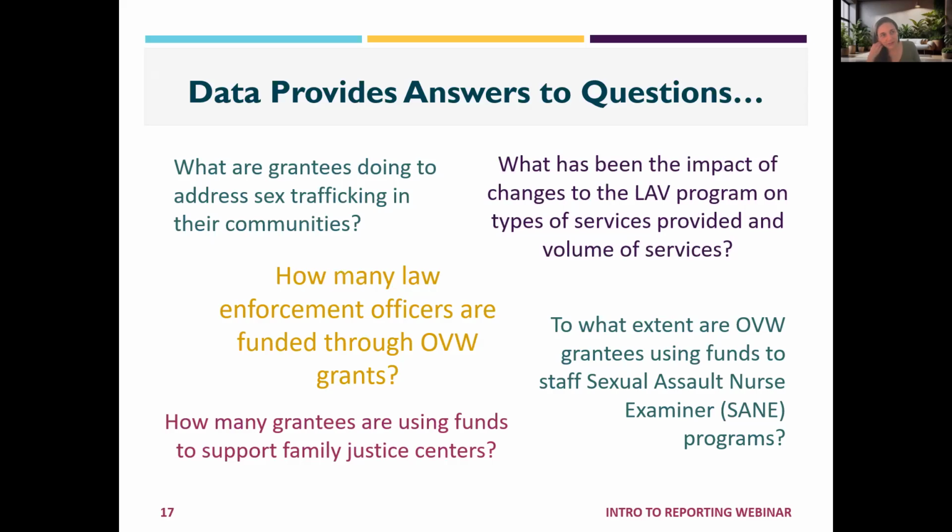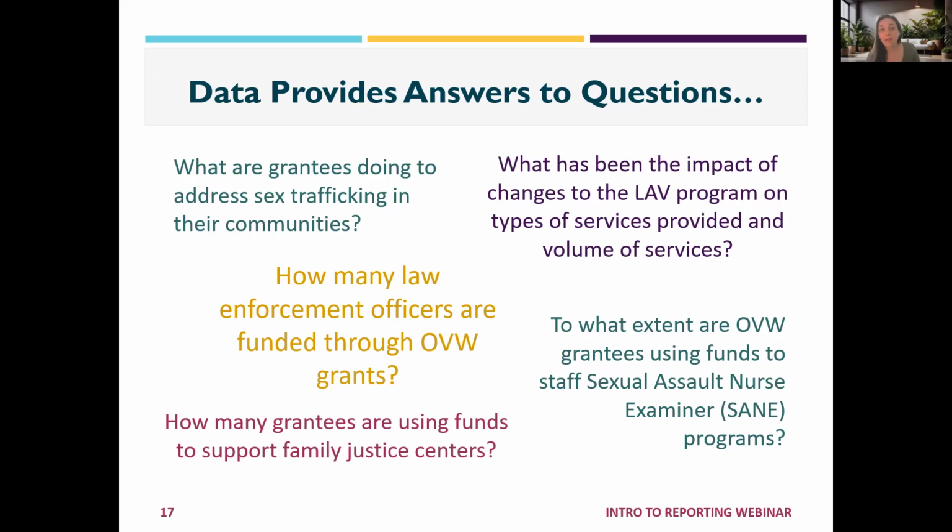Grantee reports are used to answer questions that OVW and policymakers have. On the screen here is a few examples of different questions that have come up over the years, more recently, to investigate the data that's submitted by grantees of various programs. So, as you can see, they might be questions related to the type of staff FTEs and activities related.